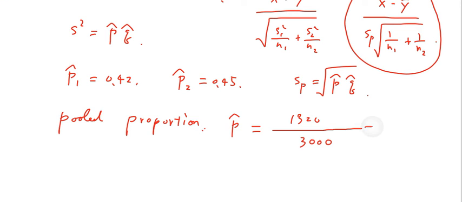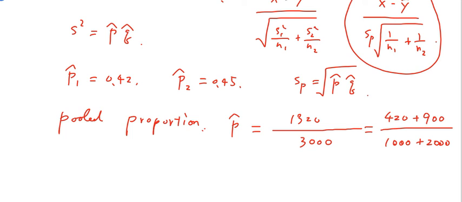So look here, we add them up. Totally, we check so many people. A is 420, B is 900, right?